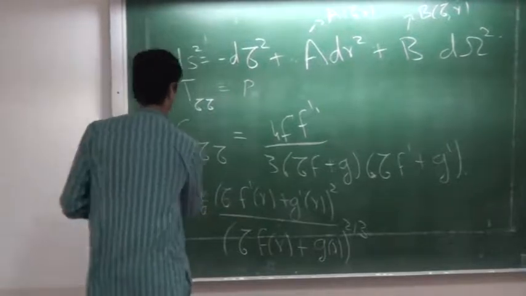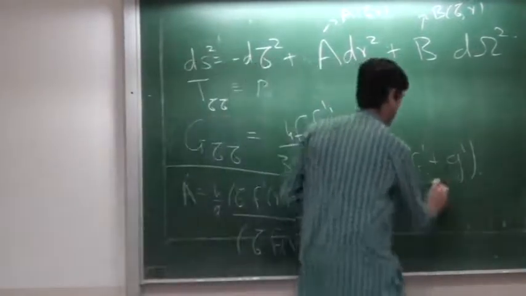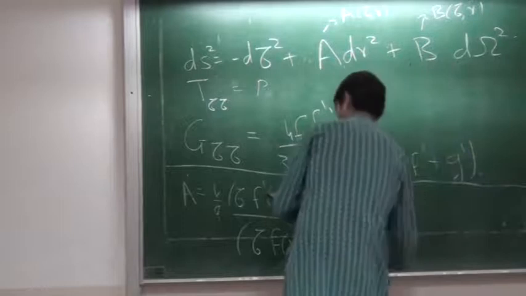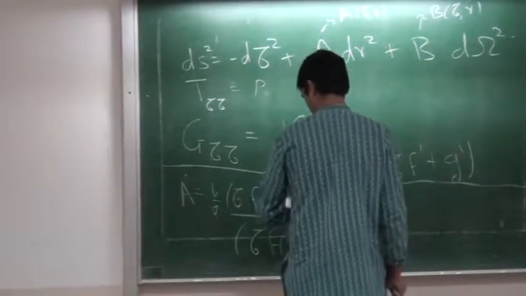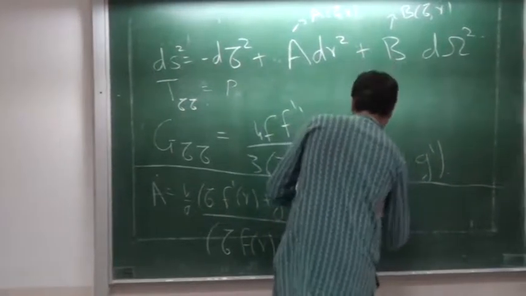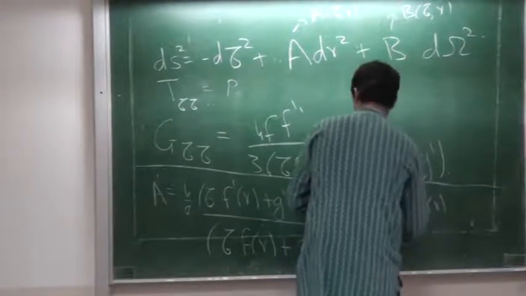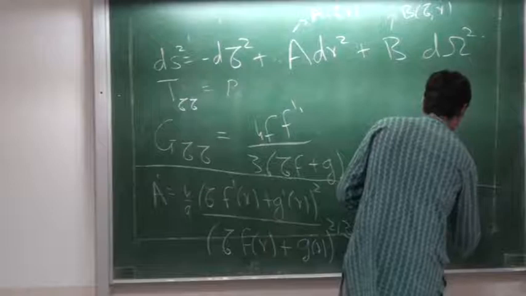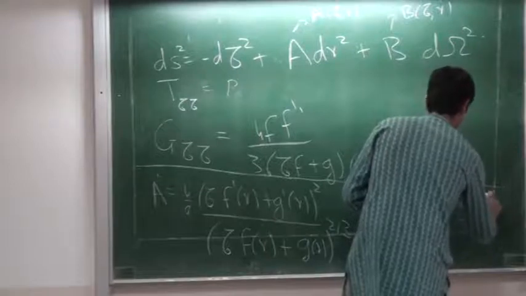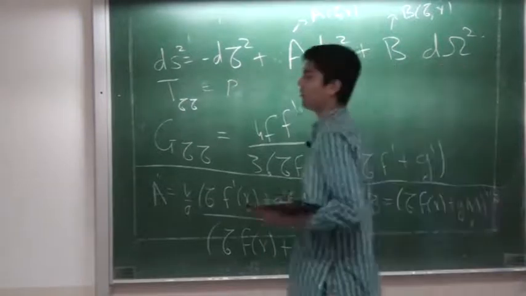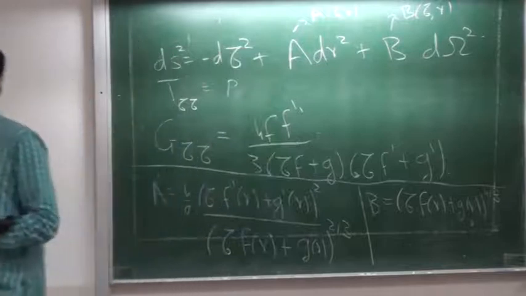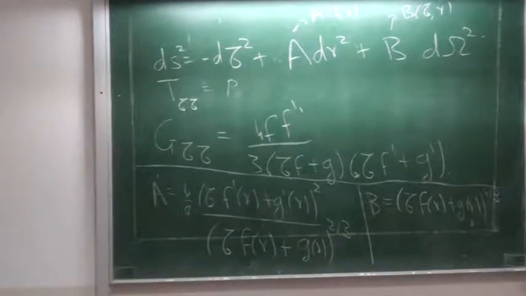And B is obvious, it comes from here. That's because B to the 3 by 4 was this, so B is just that to the power 4 by 3. Okay?